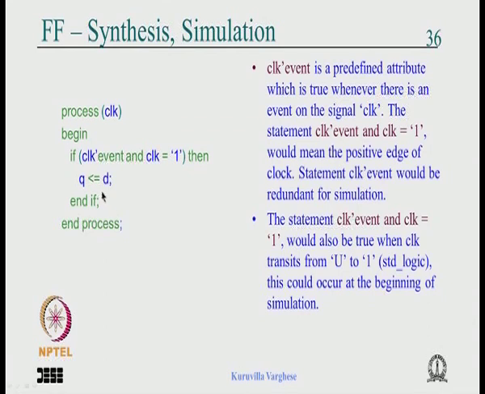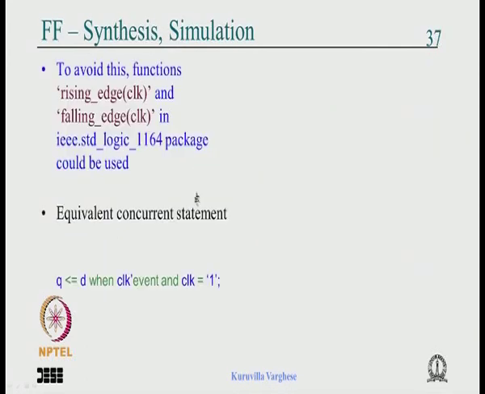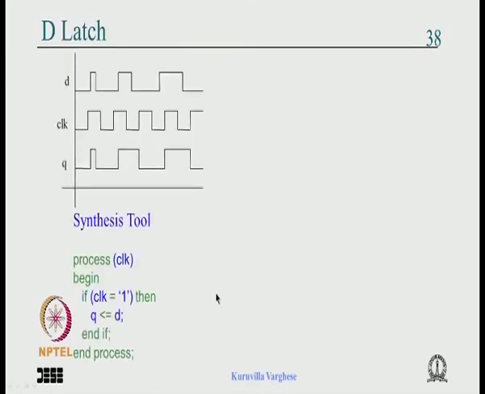So you can say Q gets D when clock'event and clock is equal to 1, and as an else part you don't say anything. Then you get the equivalent concurrent statement. So Q gets D when clock'event and clock is equal to 1, and you get the flip flop using a concurrent statement, at least the simple flip flop.